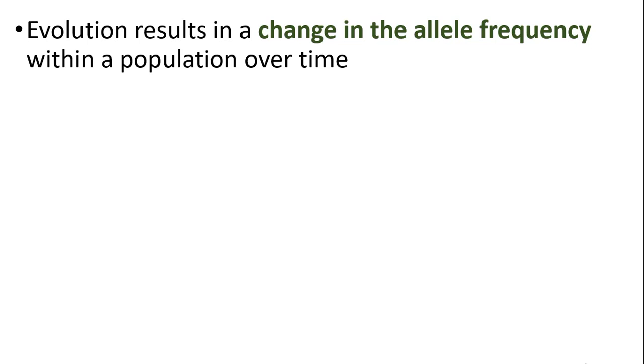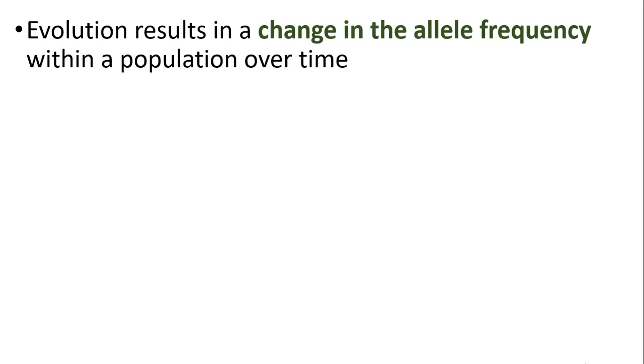So as a quick recap, we're in the evolution unit, and evolution, as a very basic definition, is looking at changes in allele frequencies within a population over time. These alleles are coding for different traits that we have. If certain traits are becoming more or less common in a population, we know that the frequency of those alleles for that trait are becoming more or less common in that population.